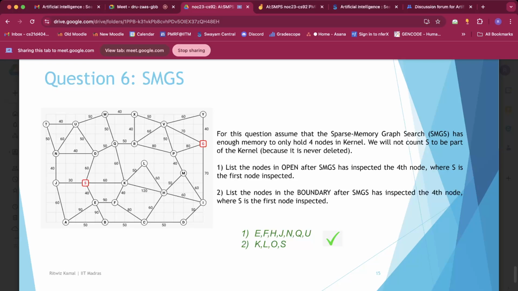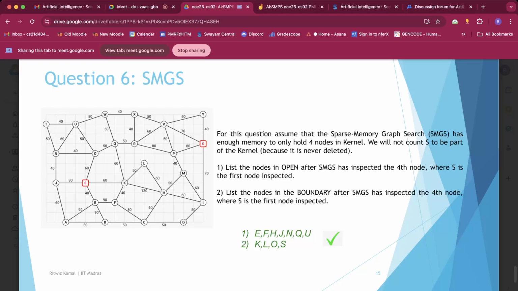As we keep on inspecting more and more nodes, we will reach a point where we will have certain elements in our kernel, which have only neighbors that are already in the closed list. So then we will put those in our kernel list. And our kernel size is only 4. So as long as we have only 4 nodes in the kernel apart from S, because S is already part of the kernel, we never consider it.